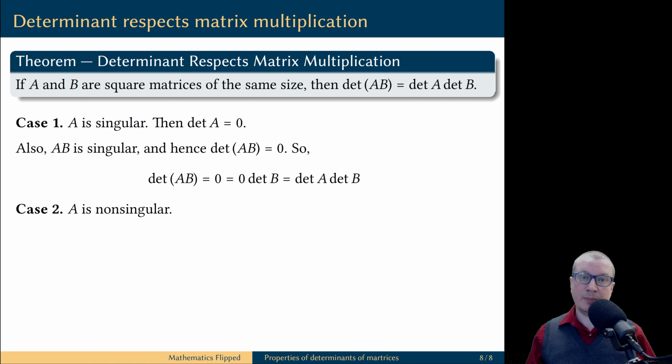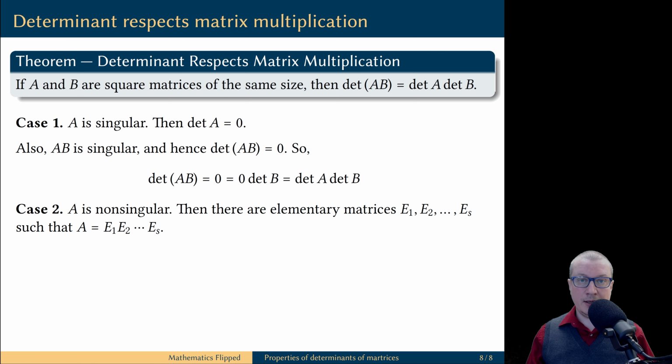The second complementary case is when the matrix A is non-singular. Then A can be expressed as a product of elementary matrices. So to compute determinant of the matrix product AB, we are going to replace the matrix A by the corresponding product of elementary matrices.